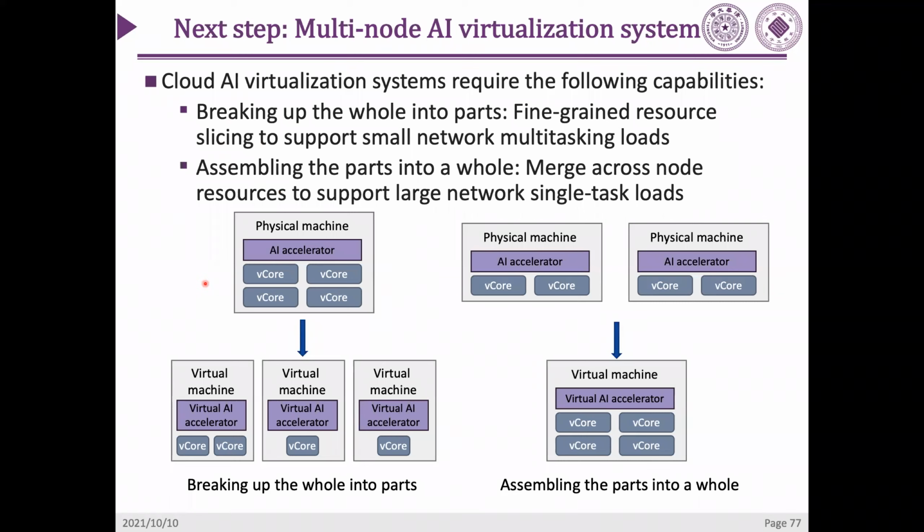The first is to break the whole machine into smaller virtual machines, to support small models from different users at different times. The other scenario is assembling the parts into a whole, merged across nodes' resources, to support very, very large networks and single task loads. So these are very interesting application trends, and people are looking at them in different ways.